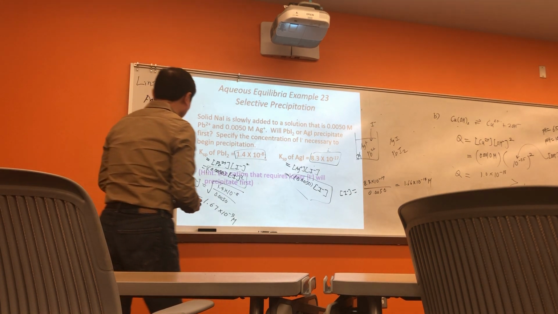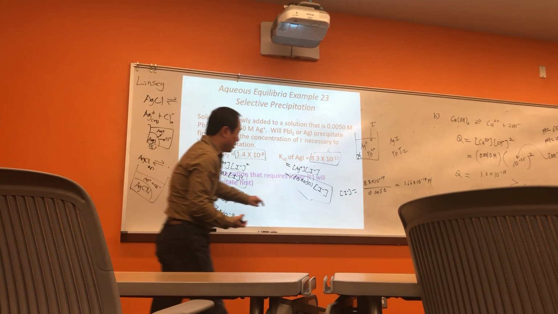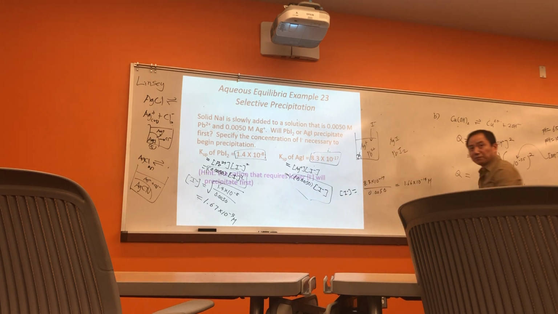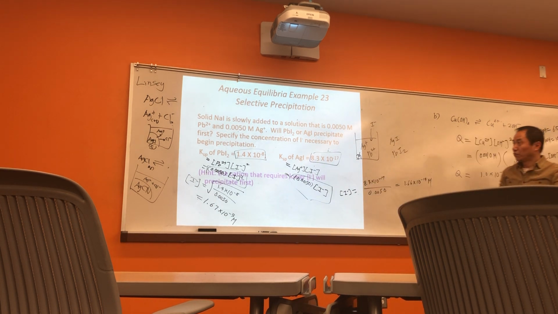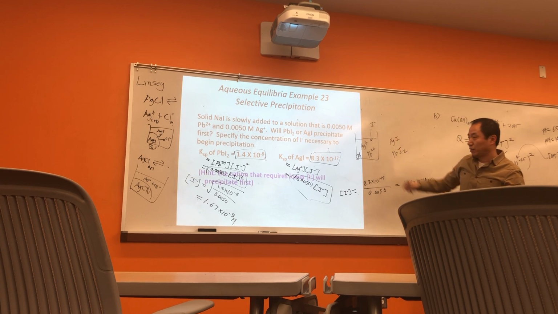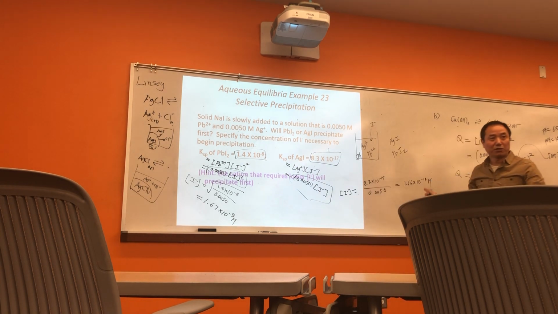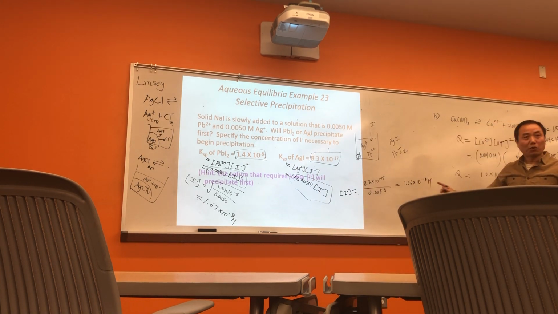Okay. Then you'll see that the iodide concentration is pretty different, right? So when you add iodide, which concentration will be reached first between the two? The small number, right?